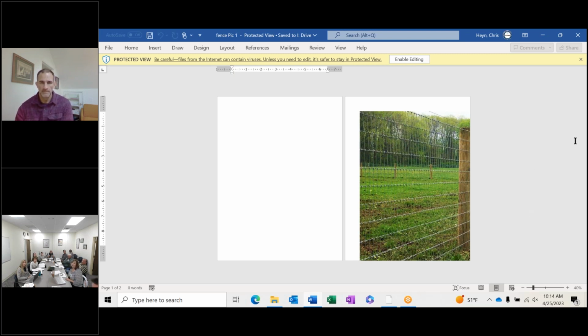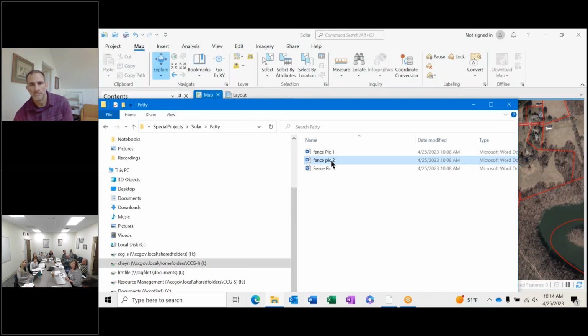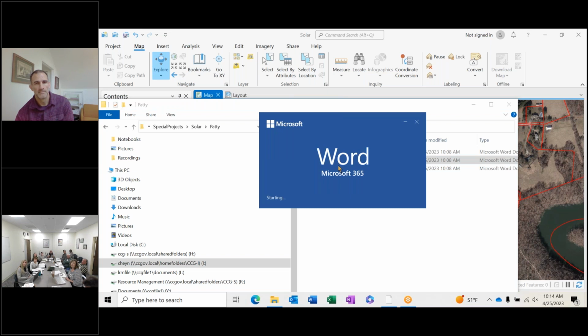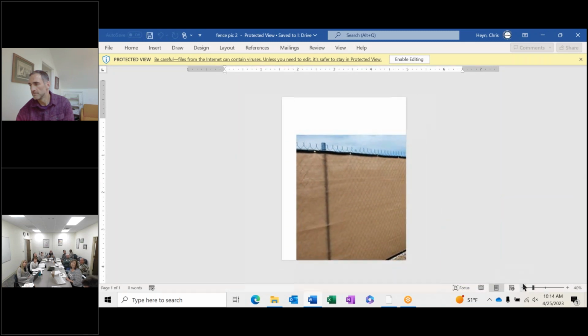If you go to the next picture, this is considered opaque fencing from a fencing company. It comes in burlap, plastic fiber. It comes in green, it comes in black.